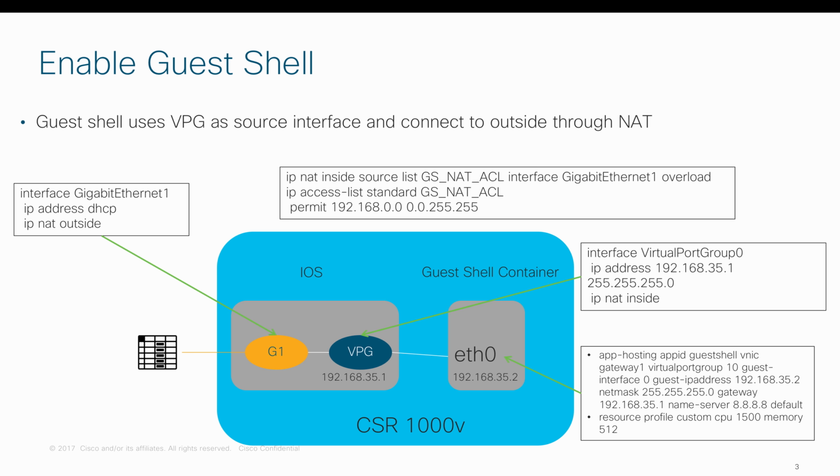And then we set up the GuestShell ACL to match the NAT traffic, so the GuestShell container can access the outside. In this case, your virtual port group will become the NAT inside, and your GigabitEthernet1 will become the NAT outside, because GigabitEthernet1 is connected to the Amazon infrastructure, and then it will be routed via their route table and goes to the internet gateway.